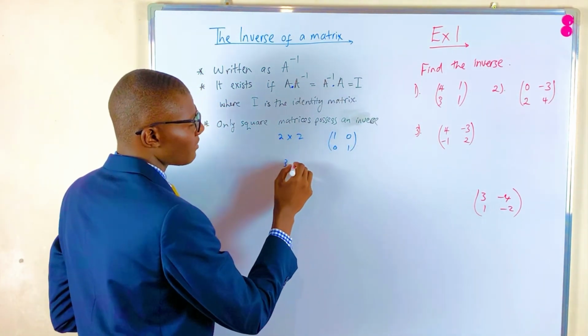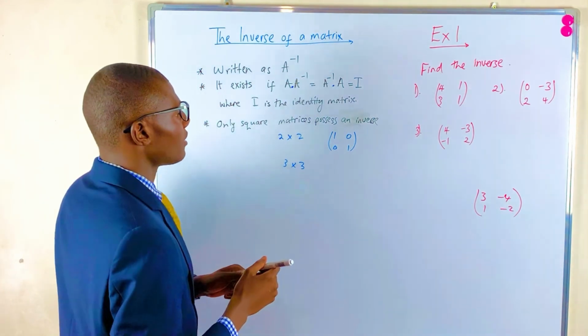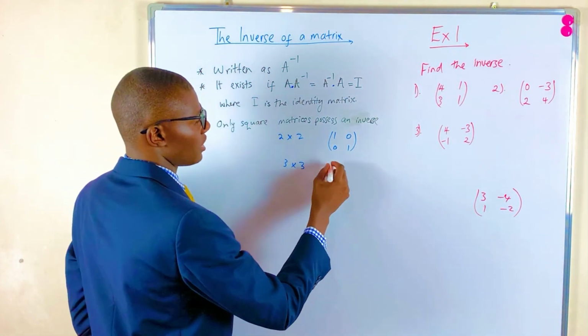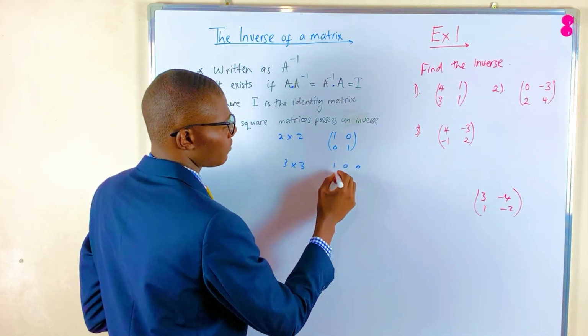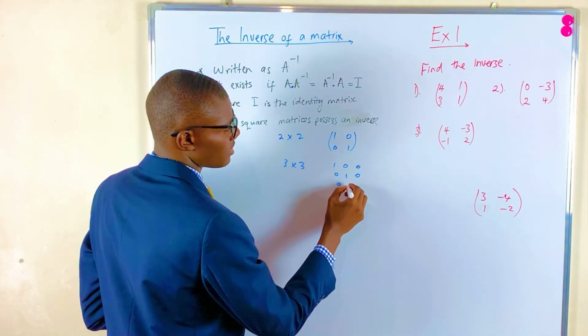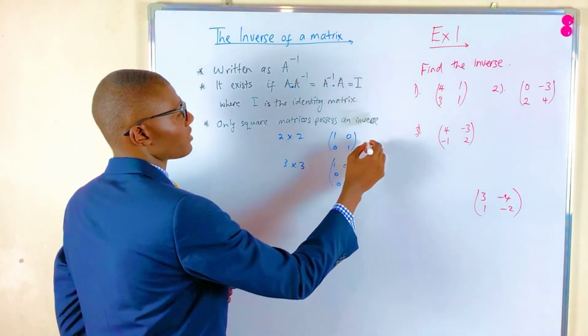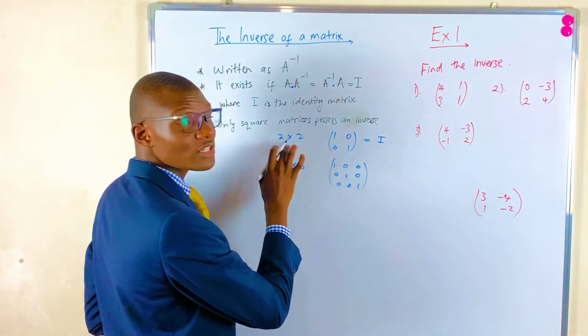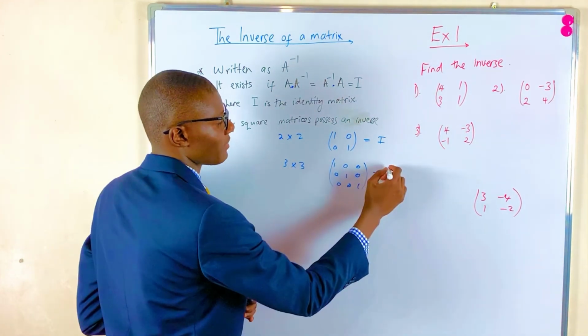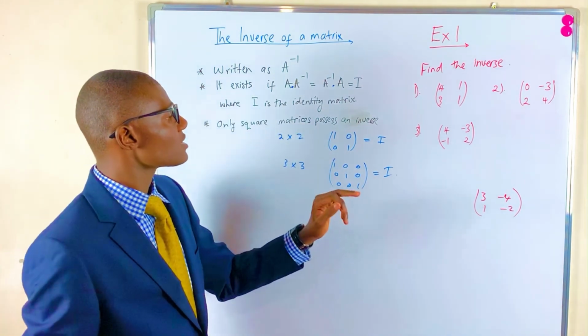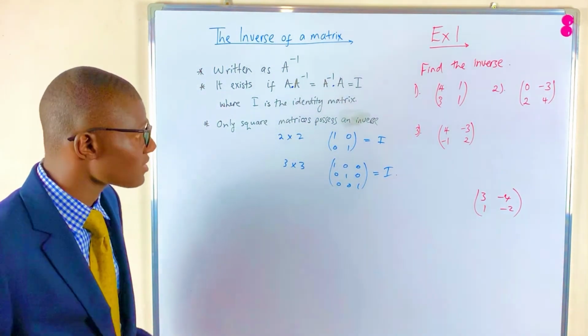And for a 3 by 3, the identity matrix would be 1, 0, 0, 0, 1, 0, then 0, 0, 1. Then we also have to know that only square matrices can possess an inverse.